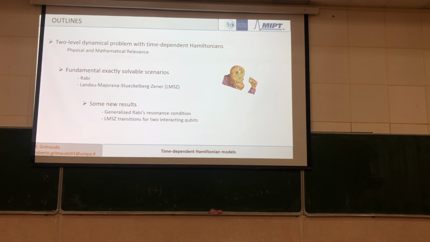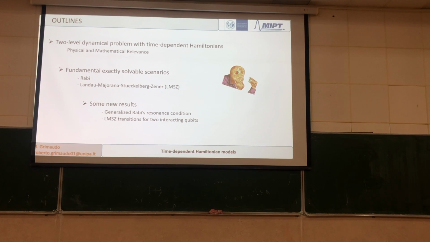We will see the milestones, actually, the two most important exactly solvable models for a two-level model subjected to a time-dependent Hamiltonian, which are the Rabi and the Landau-Zener, or better, Landau-Majorana-Stückelberg-Zener model.